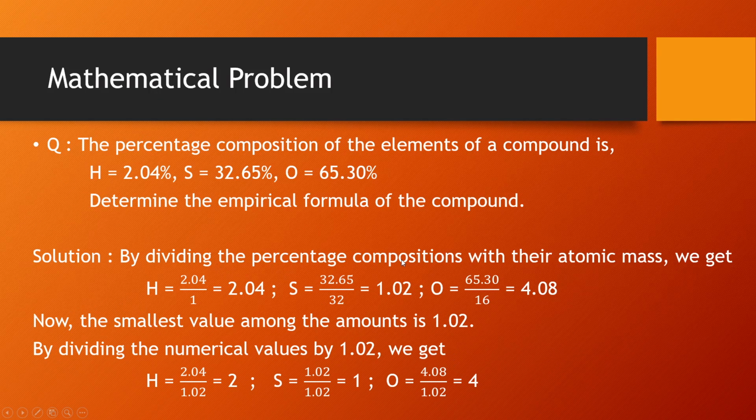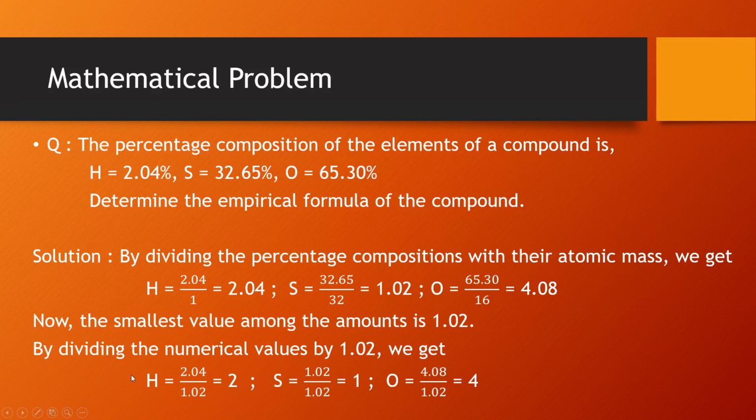We have to divide the percentage composition by the individual atomic mass of the atom. For hydrogen we divide the percentage composition by the atomic mass of hydrogen, for sulfur by the atomic mass of sulfur, and for oxygen by the atomic mass of oxygen. So a value will be obtained.